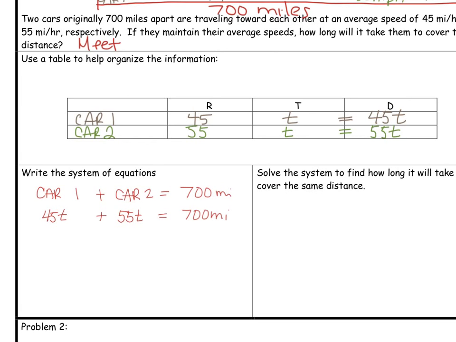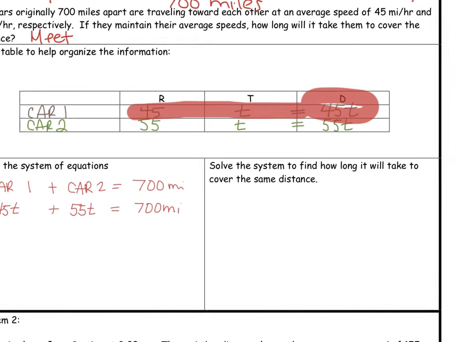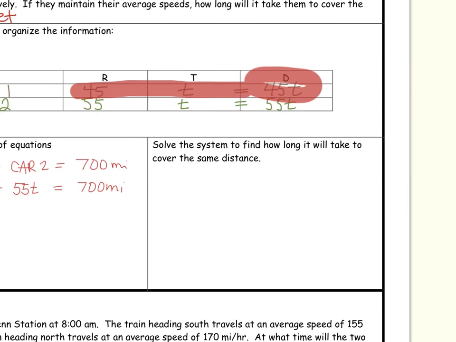So where did those numbers come from? Again, looking up here, if distance equals rate times time, car 1 traveled a total of 45t. And for car 2, the same thing: we don't know the distance the car traveled, so we have to write that distance in terms of time, and that's 55t.